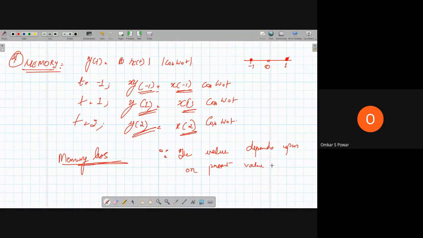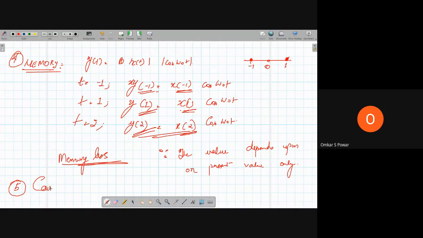You have to note that all memoryless systems are causal systems.